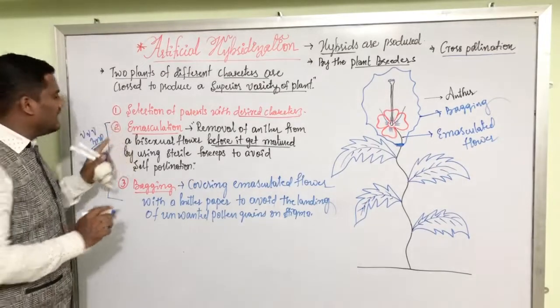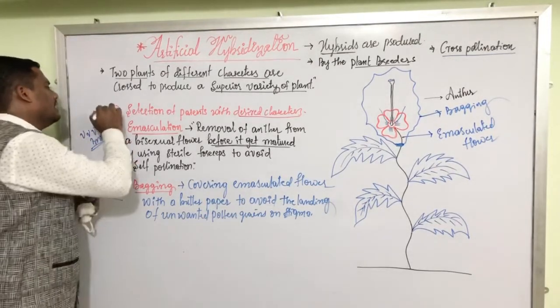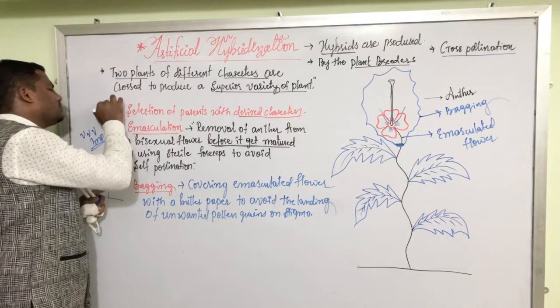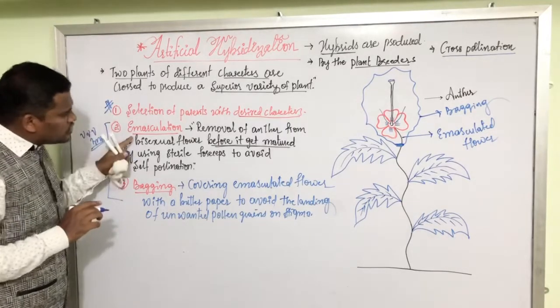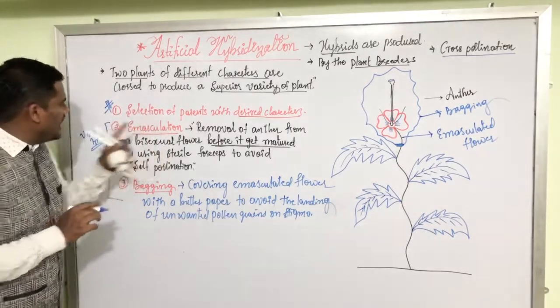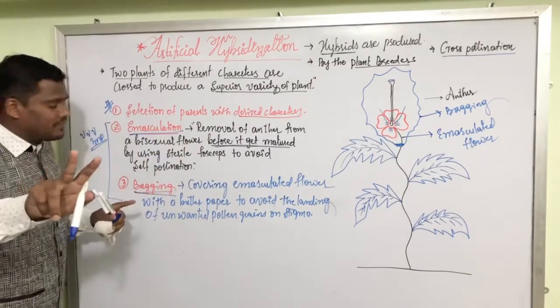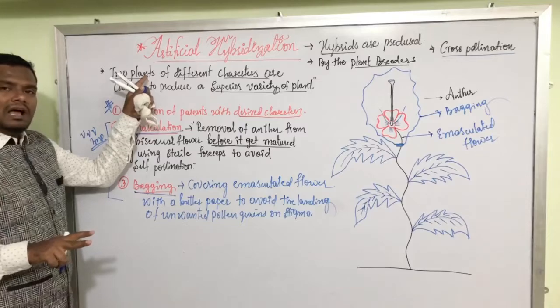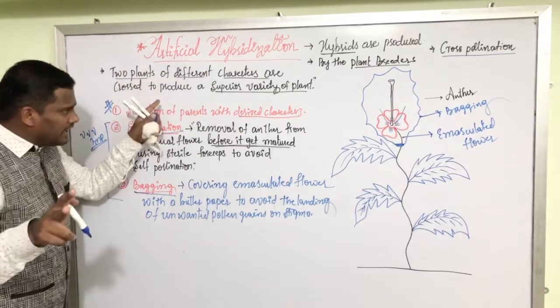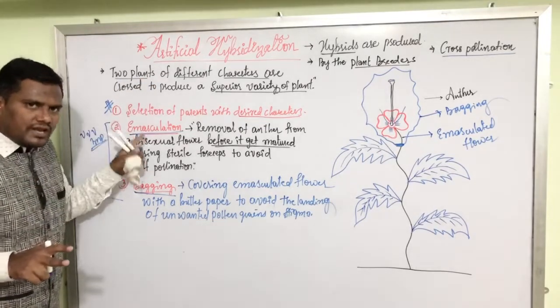In your NCERT only 2 steps are given. You can skip this step, it is not so important, but the 2 steps of artificial hybridization are emasculation and bagging. Recall, what is emasculation?